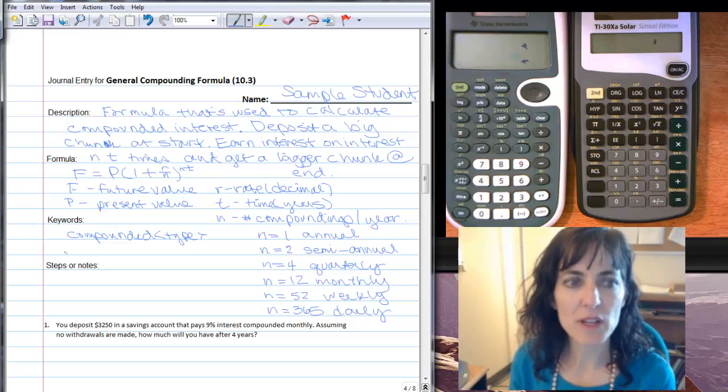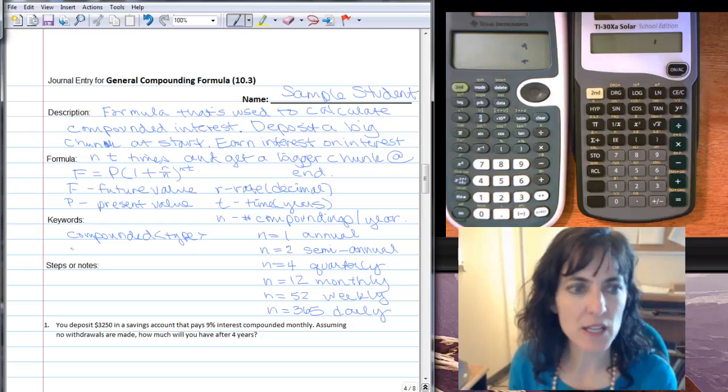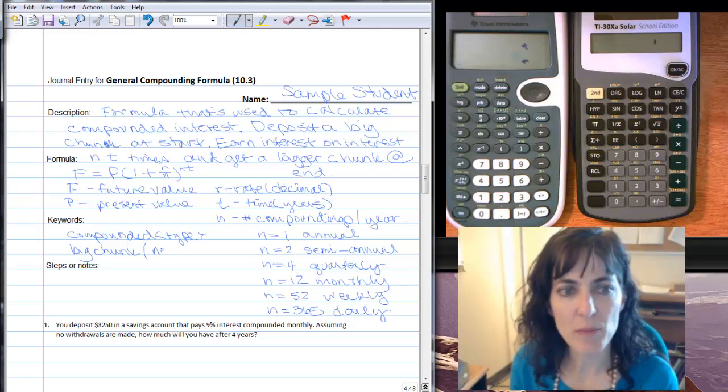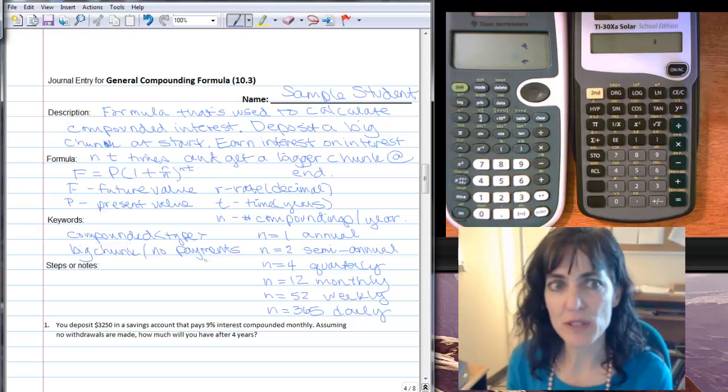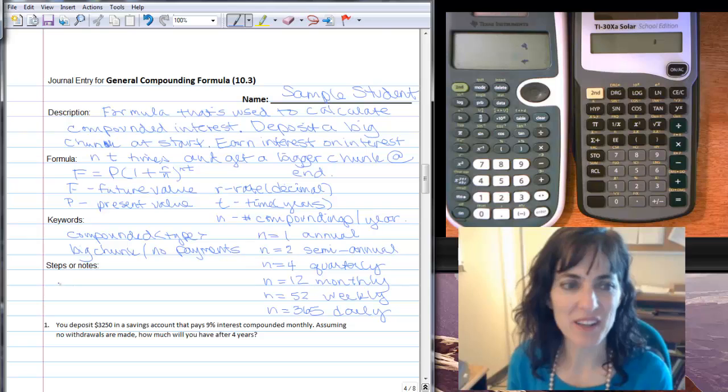And then the other things you have to look for in the keywords, you also have to look to see a big chunk and no payments. Because later we'll look at some types of formulas that have payments every month, and you can't use the general compounding formula in the way that we're showing it here.